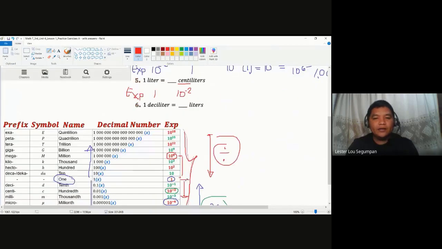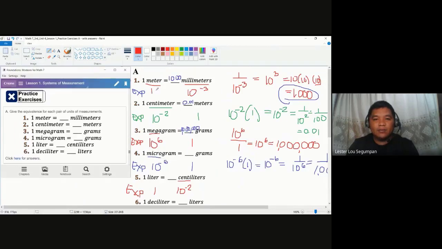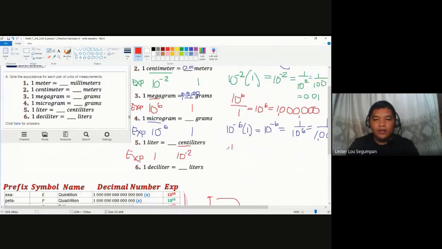We are moving from liters to centiliters, a higher unit to a smaller one, so we are going to use division just like in numbers 1 and 3. So you have 1 divided by 10 to the power of negative 2, which is 10 to the power of positive 2.